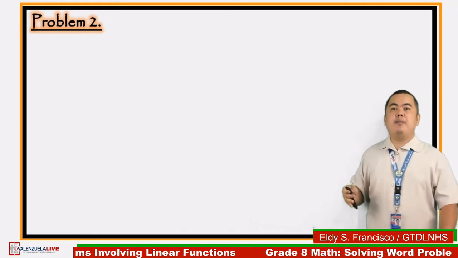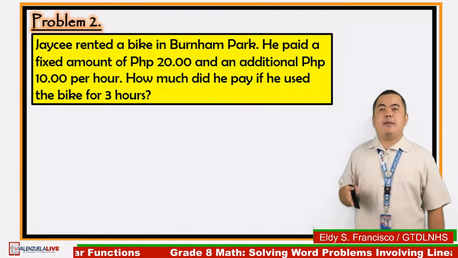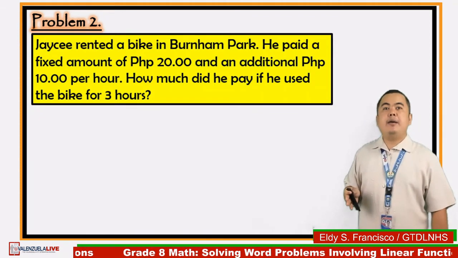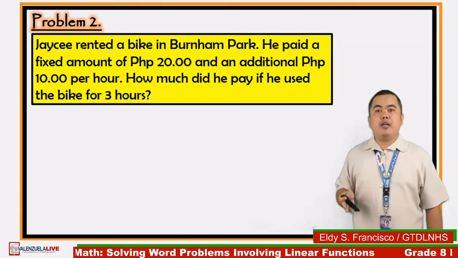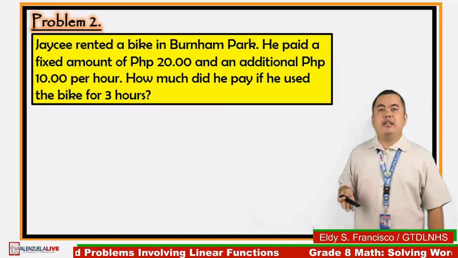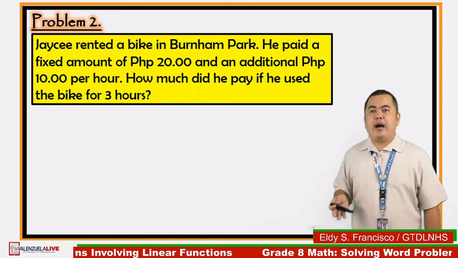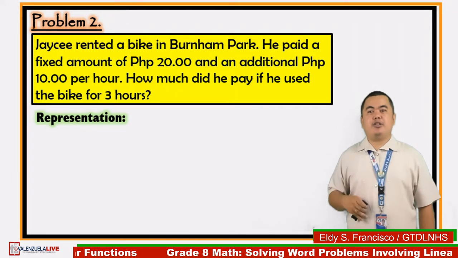Next, problem number 2. JC rented a bike in Burnham Park. He paid a fixed amount of 20 pesos and an additional 10 pesos per hour. How much did he pay if he used the bike for 3 hours? Representation.